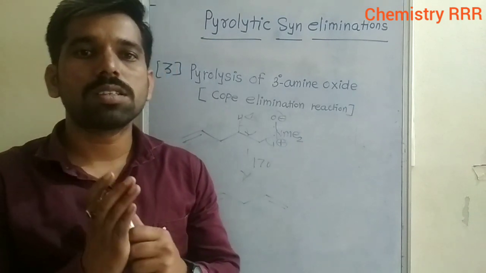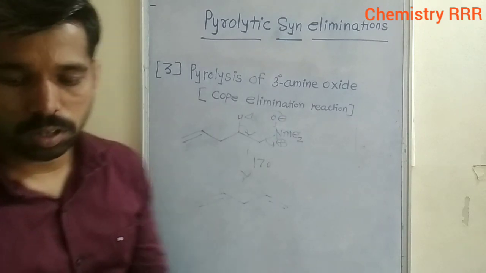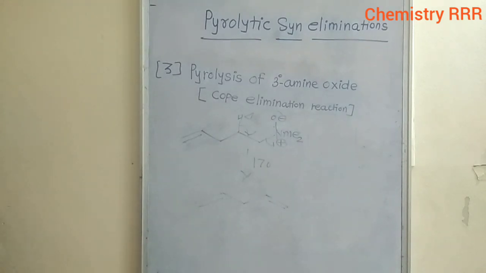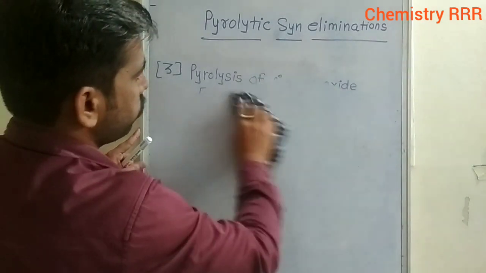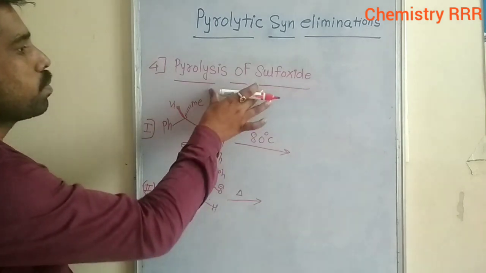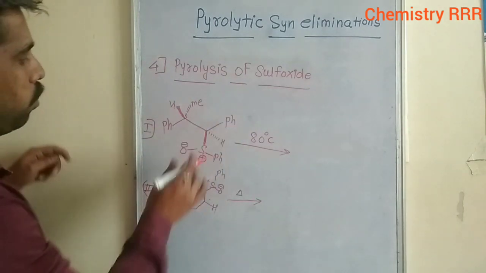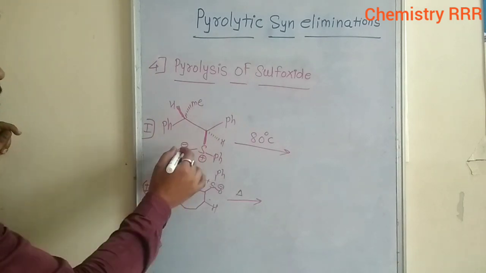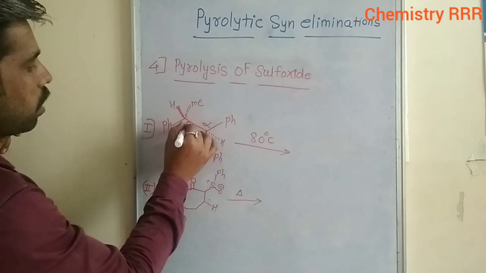Now let's discuss pyrolysis of the sulfoxide or syn pyrolytic elimination of the sulfoxide. Let's discuss pyrolysis of sulfoxide, okay, by using these two examples. Now in the first example, this is the alpha carbon, it is a beta carbon.